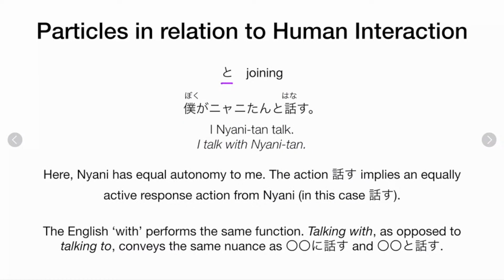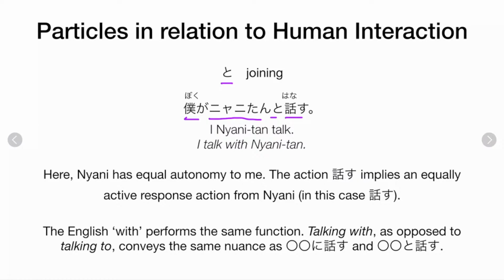To is joining. Boku ga nyani-tan to hanasu. I talk with nyani-tan this time, right? So now, because I'm talking, hanasu, it's a conversation. So Nyani will talk back, right? So if I'm doing hanasu and he's also doing hanasu, then it makes sense why you're saying to hanasu. We're doing the same action, so I am talking and he is talking, so together we talk to each other.